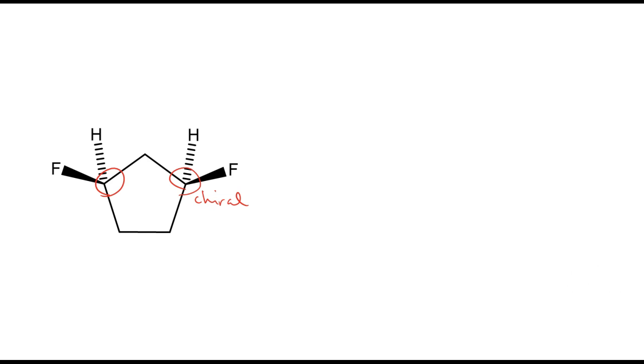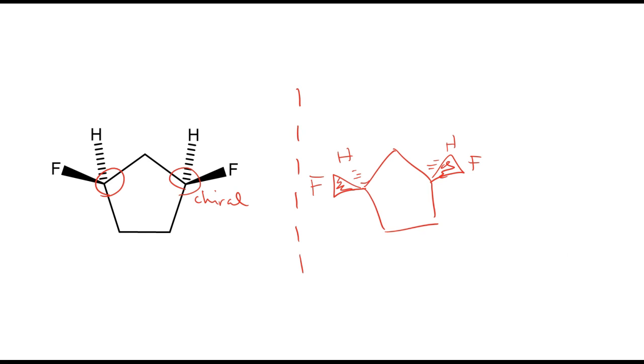To determine if this means it is a chiral molecule, I personally like to draw the mirror image to help. So you can actually just draw the mirror images here. But you'll see that they're also the exact same molecule.